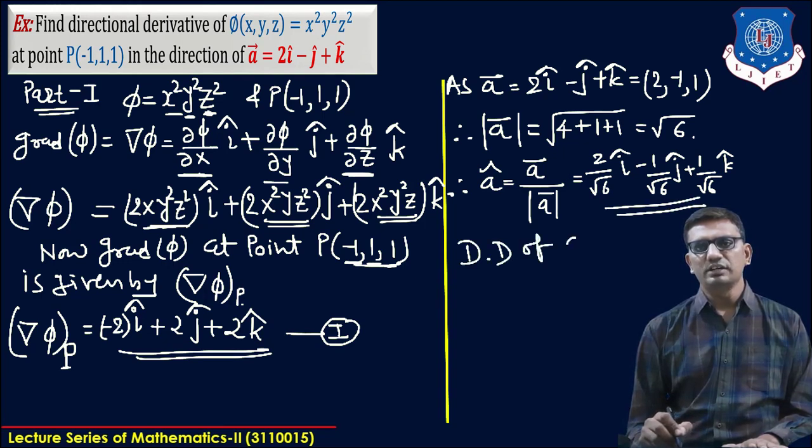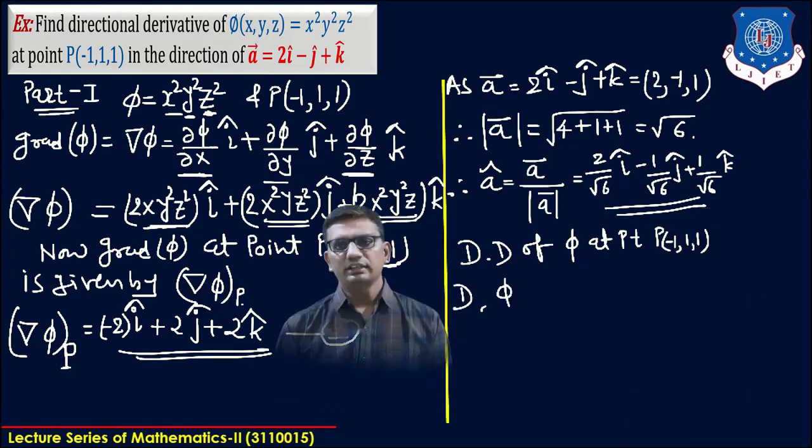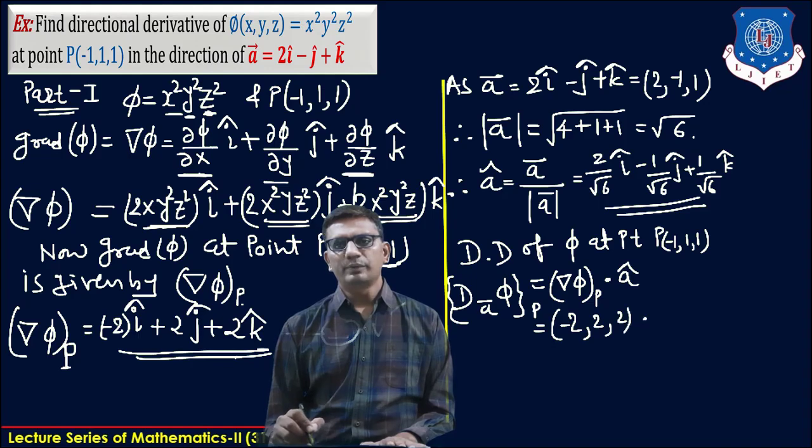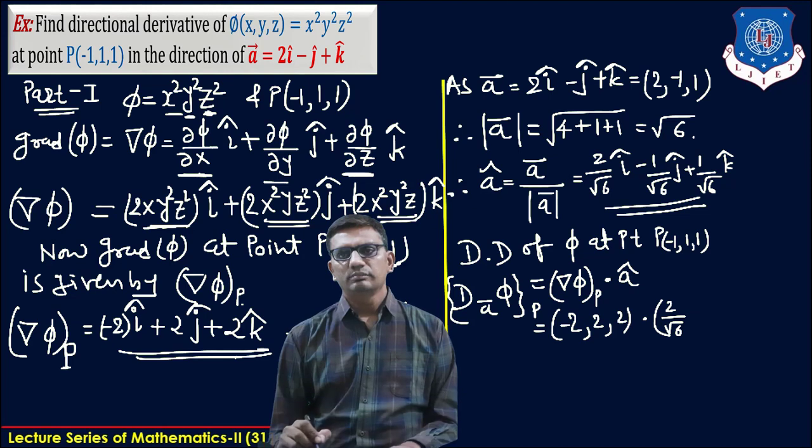Now the directional derivative of phi at point P, given by D a phi at point P, is the gradient of phi at point P dot product with a caret. So minus 2, 2, 2 dot product with 2 by root 6, minus 1 by root 6, and 1 by root 6.